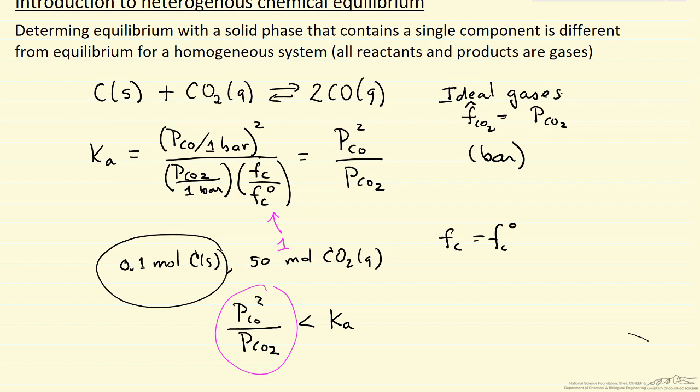So this is why this is fundamentally different from gas phase reactions. If I have 2 gases reacting to form a third gas, I can always satisfy the equilibrium expression because I can make the fugacity, for example, of the component in the denominator small.